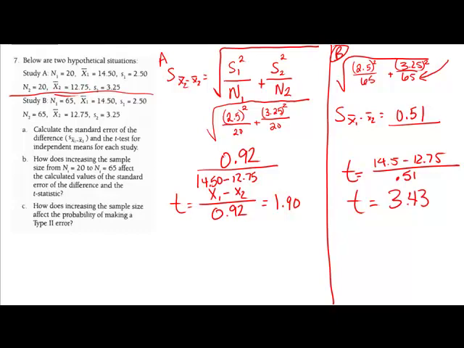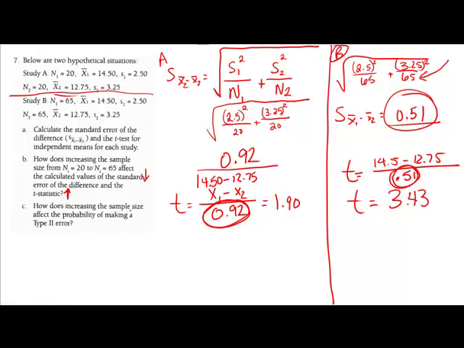How does increasing the sample size affect the calculated values of the standard error of the difference? Well, we already figured that out. It makes the standard error get smaller, and the t statistic gets bigger, because if your denominator gets smaller, then the value of your fraction increases.